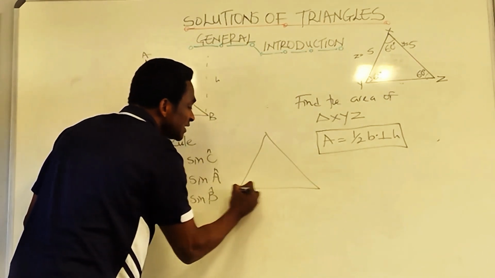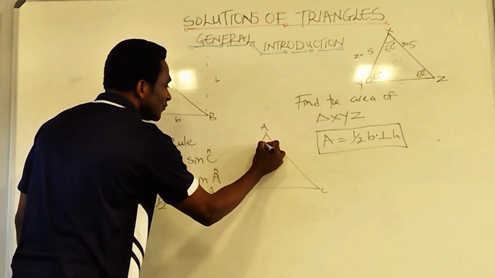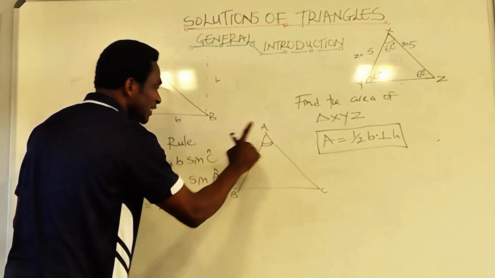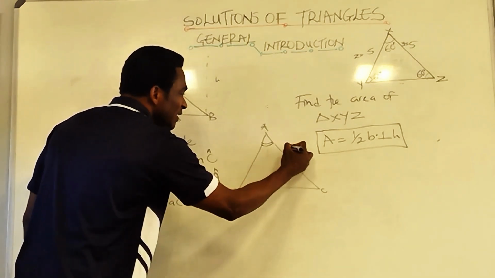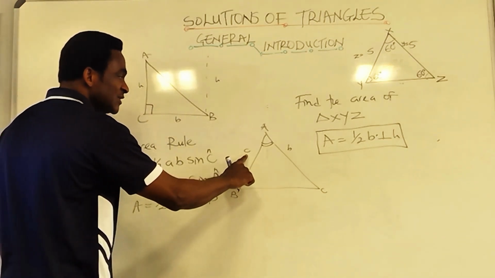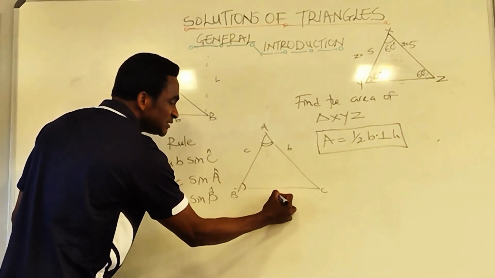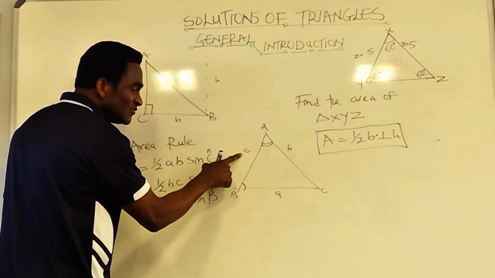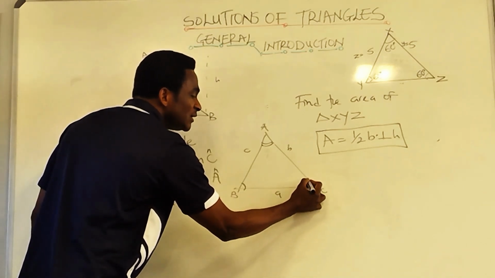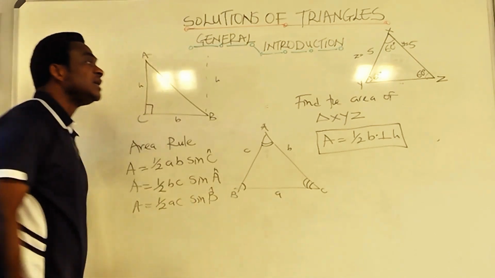If we have this triangle ABC, then to get the area of this triangle, remember this is our small b and this is our small c, so it's going to be half of CB sine A, the included angle. If we are working on this, it's going to be half of CA, sine of the included angle. If we are working on this, it's going to be half of BA, sine of the included angle.